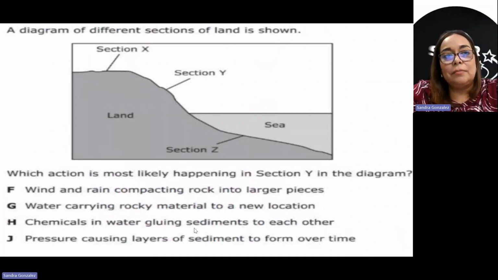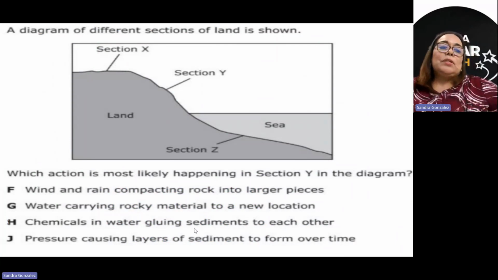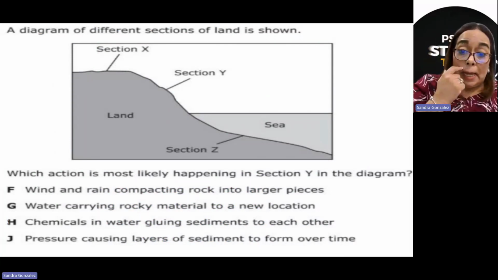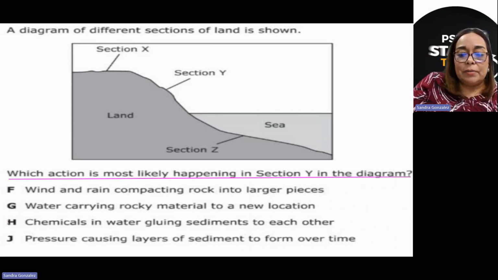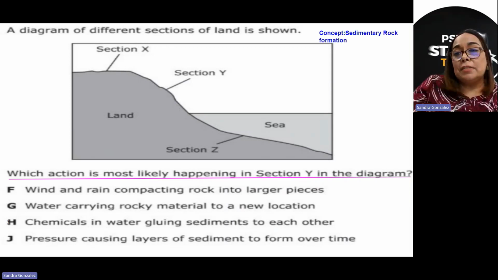The next question on this one: which action is most likely happening in section Y? So we have to underline our question. I saw that everybody underlined their question. That was H. Letter C, what was our concept? In this case, it had to do with sedimentary rocks, the processes.